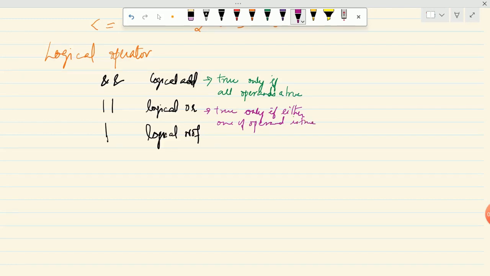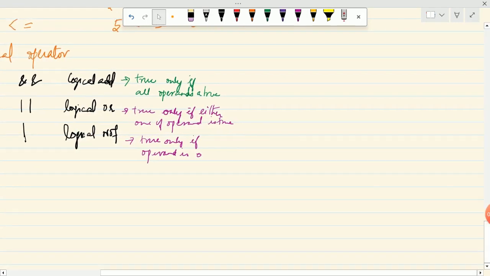Logical NOT means true only if the operand is 0. We will see one example for this.